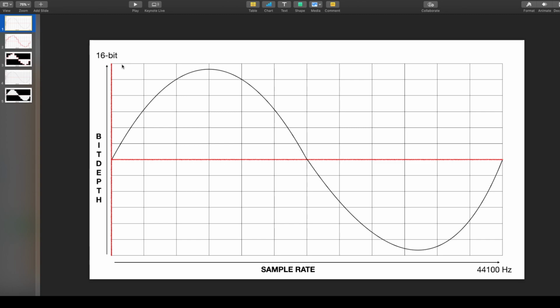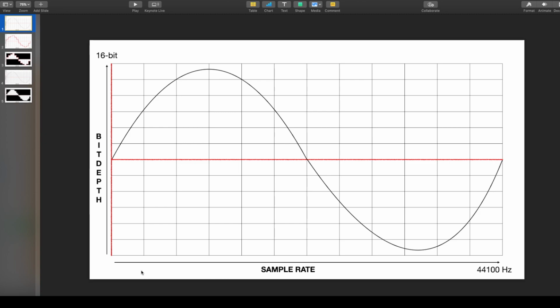Now, in digital audio, whenever we are converting the main signal, the analog electrical signal, into a digital signal, it has to be broken down into bit depth and sample rate for the computer to recognize what that audio is. And then when it is playing back, it uses the same information to convert it back from digital to analog sound. That way we can hear it back from our speakers.